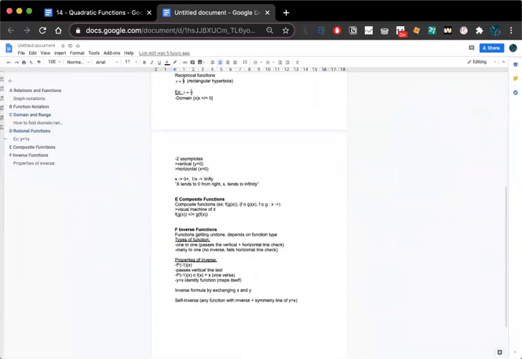Okay. Next we have composite functions. Composite functions is what happens when you have usually two or more functions together.